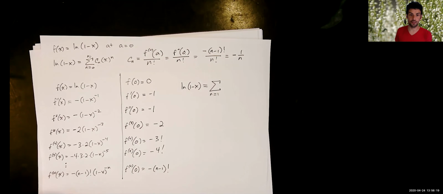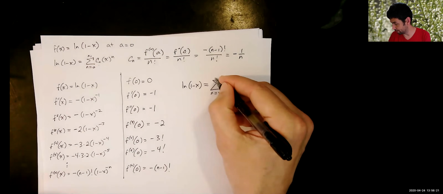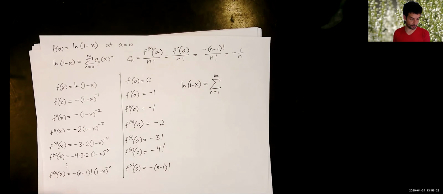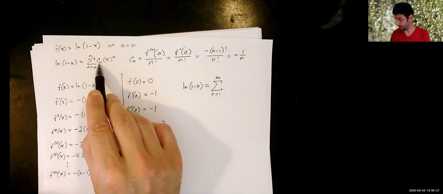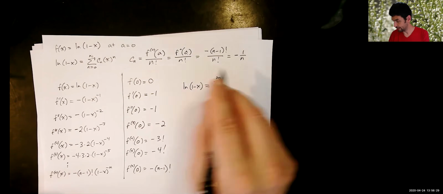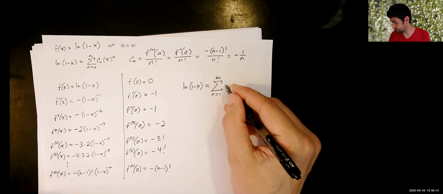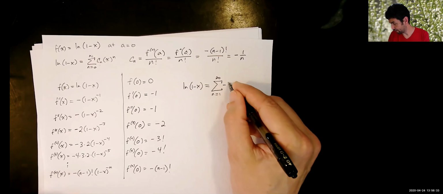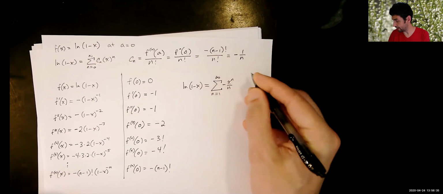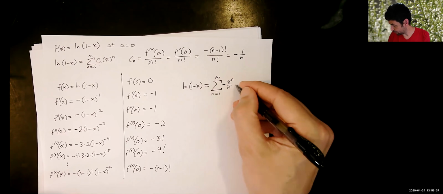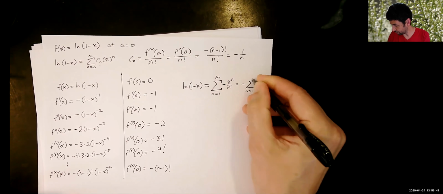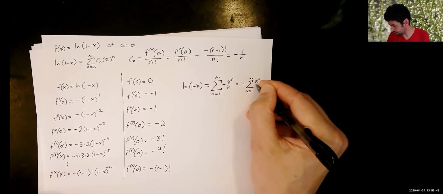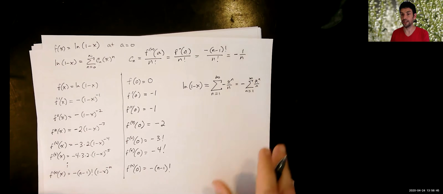I just skipped over the 0 term because adding 0 doesn't do anything. And I get a series that looks like, so I'm putting in for c sub n, -1 over n times x to the n. So it's going to look like -x to the n over n. That looks a little clunky to me, so I'm going to pull that negative out front. And I get negative the sum from n equals 1 to infinity of x to the n over n.